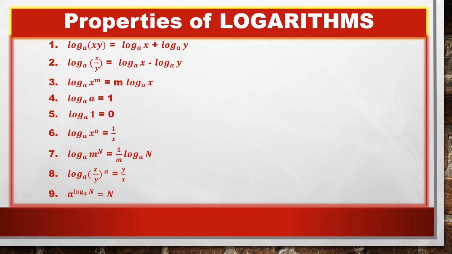Log n base a to the base a. Okay, simple. Log n base a to the base a is equal to n. Okay, this is an important one. Don't confuse. Simple. Here before the logarithm there will be a variable, means there will be a number.